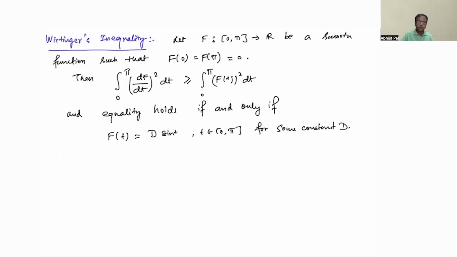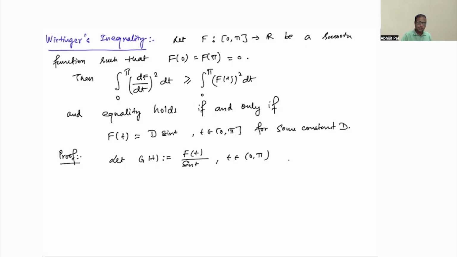So this is Wirtinger's inequality. How to prove this? The proof is like this. Let us take a function g(t), defined in this way as f(t) divided by sine t.